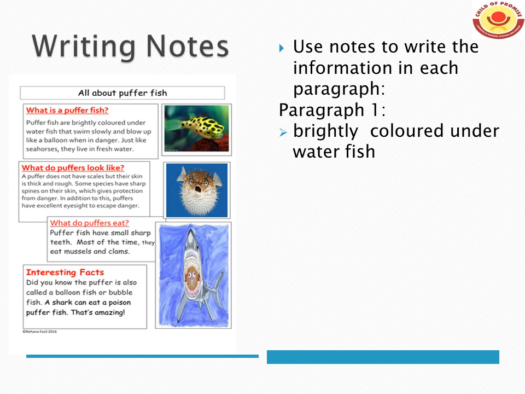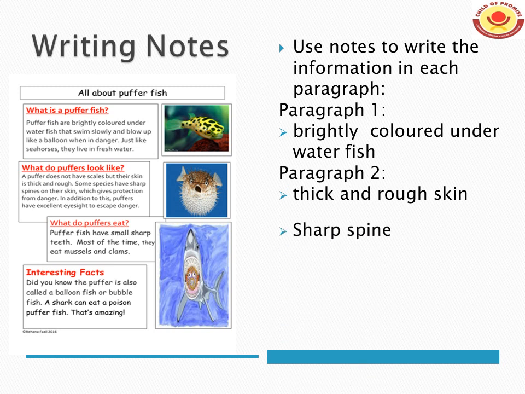Okay, let's look at paragraph 2. Thick and rough skin. Can you find that in paragraph 2? Yes, I can see that. The skin is thick and rough. So the paragraph is all about what puffers look like. Sharp spines. Do they have sharp spines?